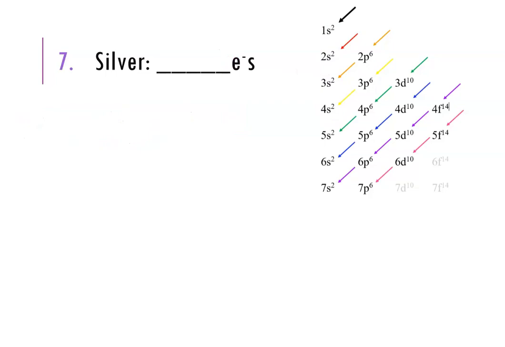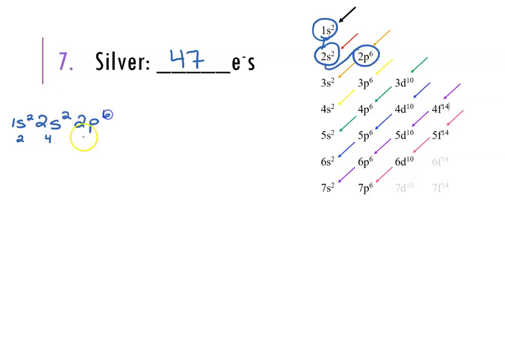All right, let's do another one. Here we have silver. Silver is Ag. It has 47 electrons. So we'll start here. We'll go 1s2, and then 2s2 gives me 4. And then we'll go 2p6, which gives me 10. We'll go 3s2, which gives me 12.